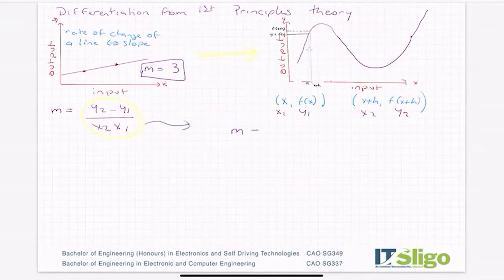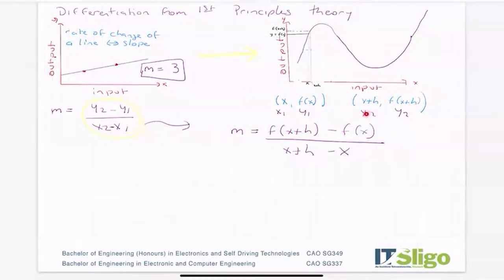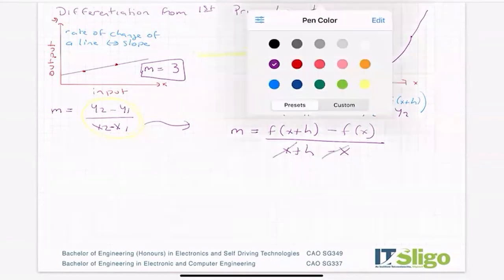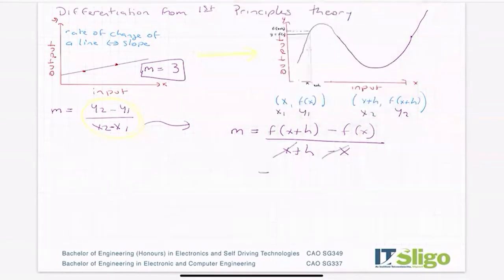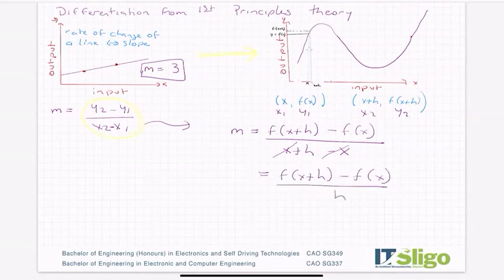So my slope m is equal to y2, so f of x plus h, minus f of x, all over x2 is x plus h, minus x1. So y2 minus y1 over x2 minus x1. Cancel, cancel. So we get f of x plus h minus f of x all over h.